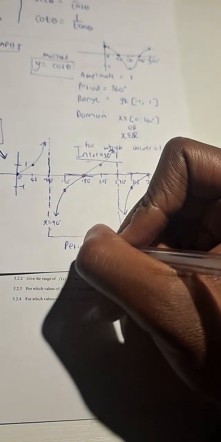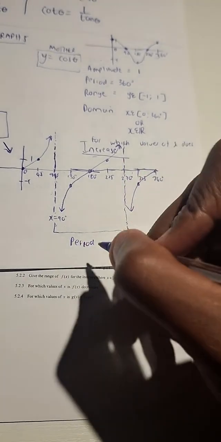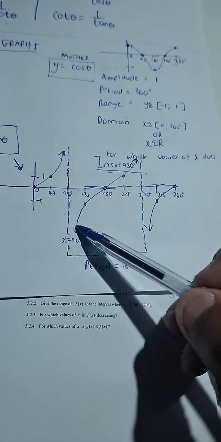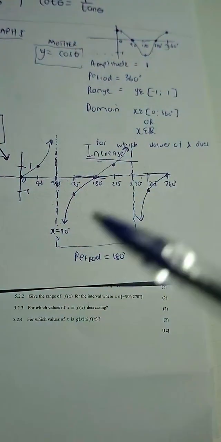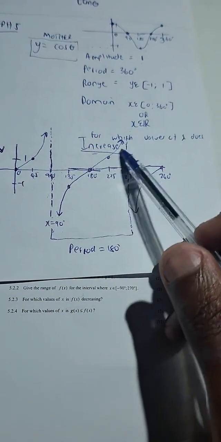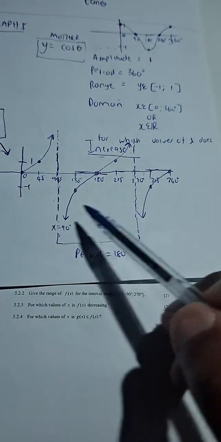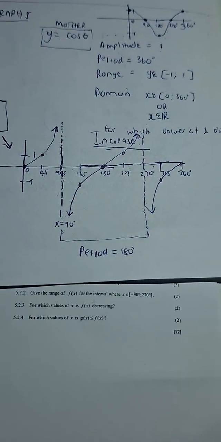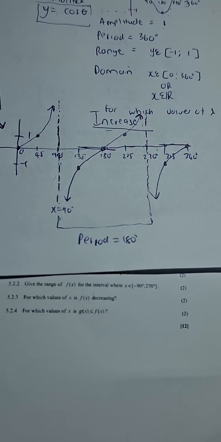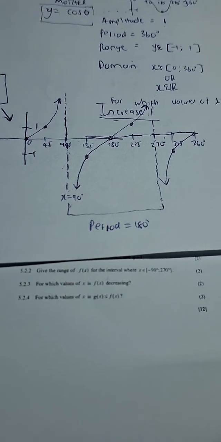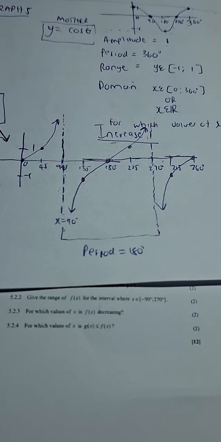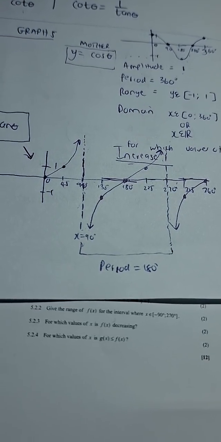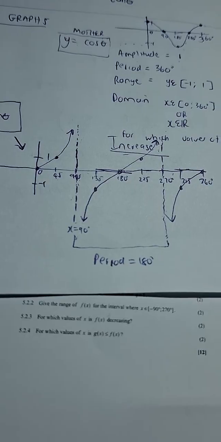That speaks to the period of the tan graph. One complete cycle of the tan graph takes 180 degrees to complete. Unlike sine and cos, the period of the tan graph is 180, not 360.